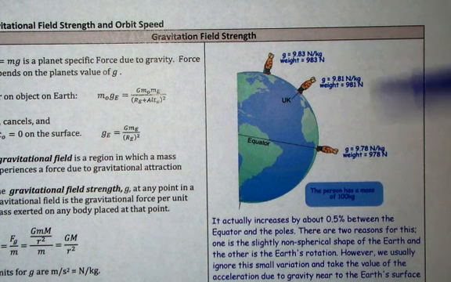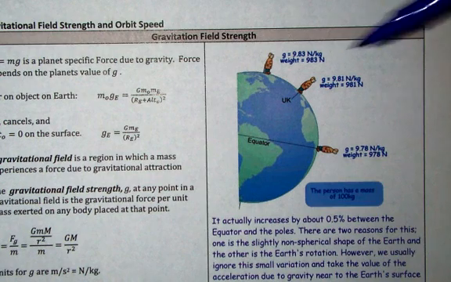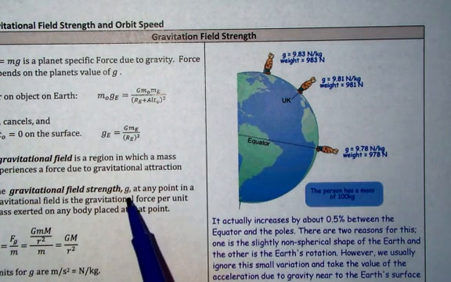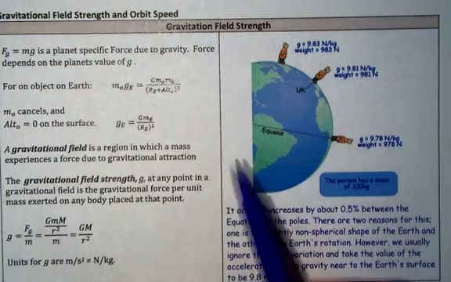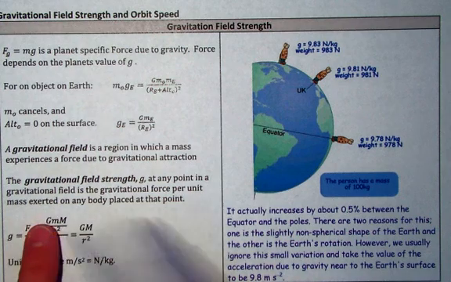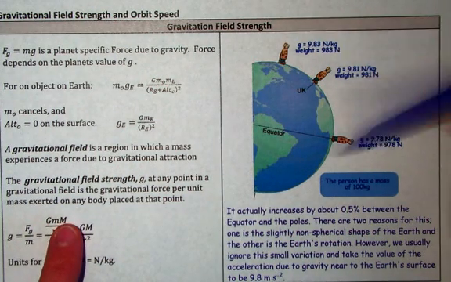If you notice in the diagram, instead of meters per second squared, we had newtons per kilogram. And the reason why we have that is because the gravitational field strength, G, which is the acceleration due to gravity, is also the gravitational force per unit mass that is put onto any body placed at any point, okay?